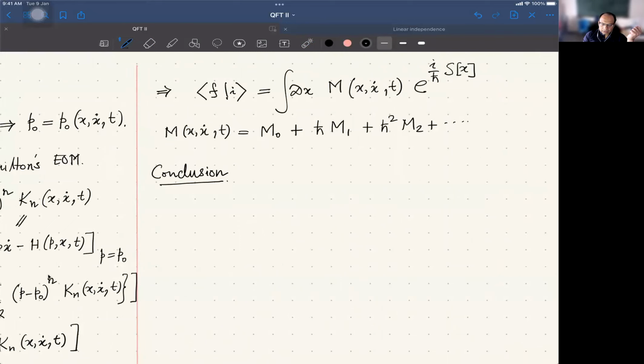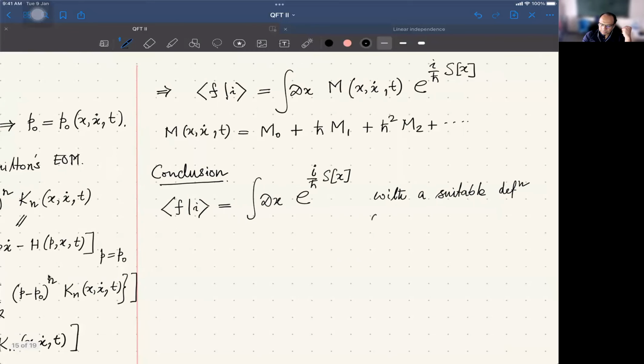So the conclusion here is that this can be viewed as a configuration space path integral of e to the power i by ħ S with a suitable definition of measure.